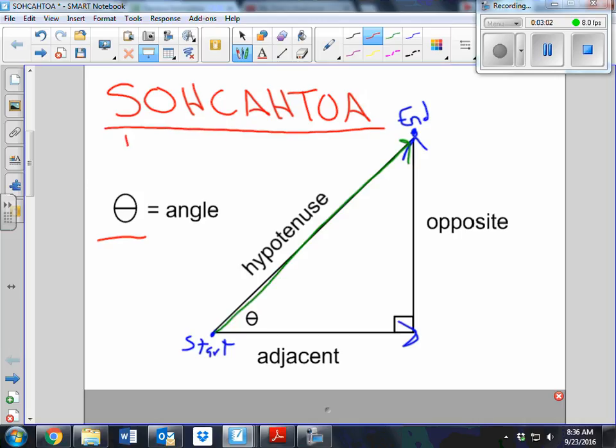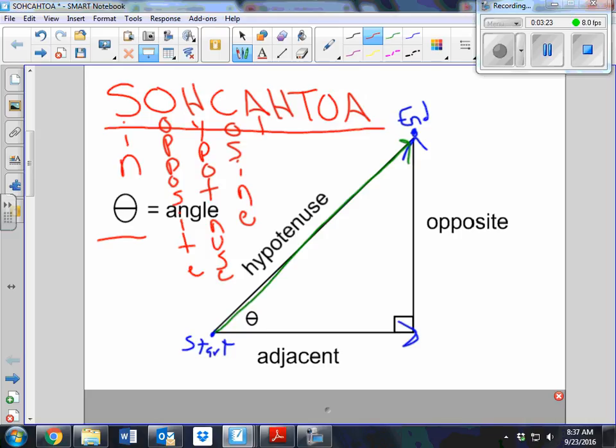SOHCAHTOA stands for: you use the mathematical sine function, and then it is opposite over hypotenuse, and then CAH is cosine, and then you use the adjacent side, which I'll show you in a second, over hypotenuse.